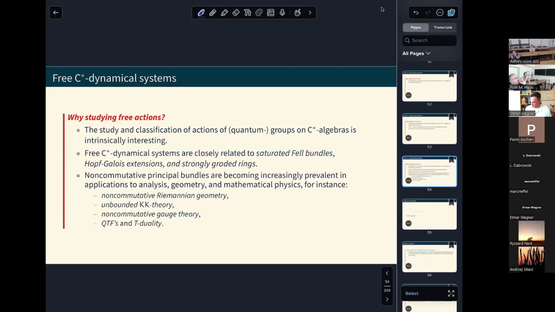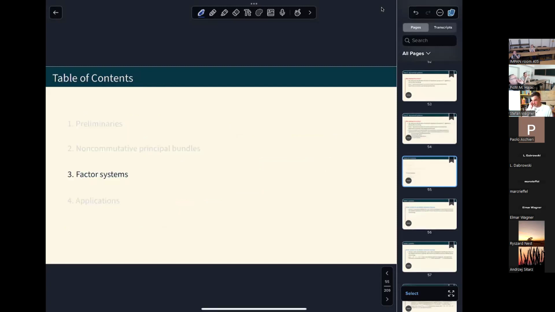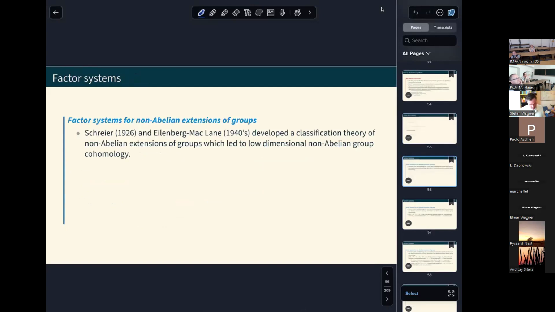All right, very good. So I hope I made a good case for free C-star dynamical systems, or non-commutative principal bundles. So now we are already at point 3, because now I will tell you about the factor systems that you can associate to these free C-star dynamical systems. And before I do this, I thought I would start with some classical factor systems where you might have encountered them.